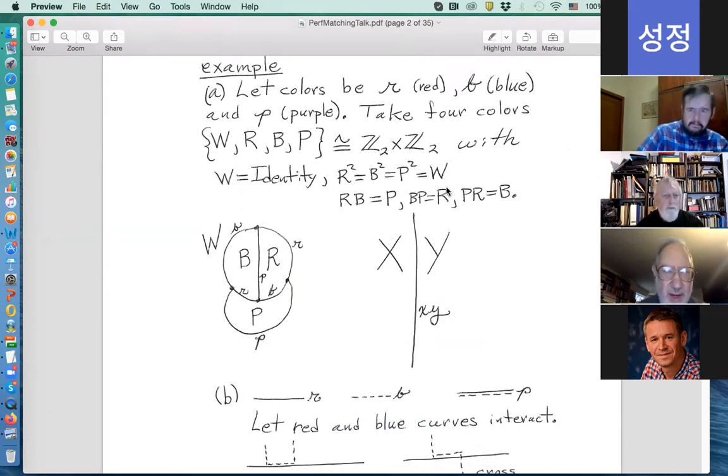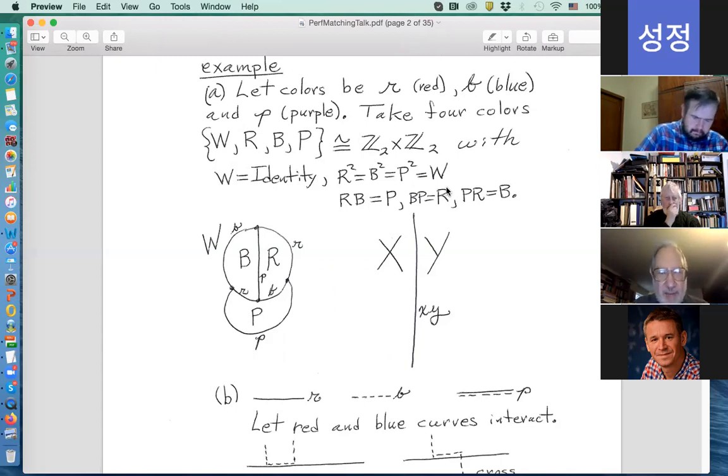You could be a little more colorful than 1, 2, 3, and we'll let our colors be r, b, and p, red, blue, and purple, in small letters for the edges. And then I'm going to think about coloring regions, as in the map coloring theorem, and I'm going to use capital W, capital R, capital B, and capital P for them.